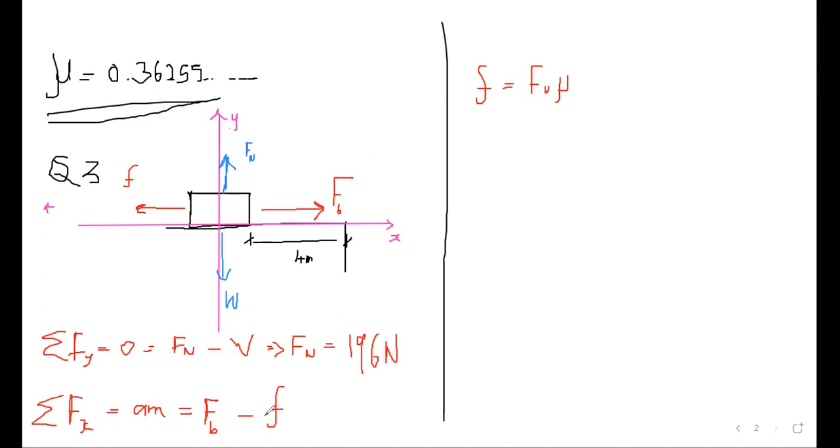So our frictional force in this case is going to be Fn, which is 196, times 0.15. Somebody confirm that when you multiply these times 0.15, it gives us 29.4. That is what my casual calculator is telling me. This is going to be in newtons. That's the frictional force.